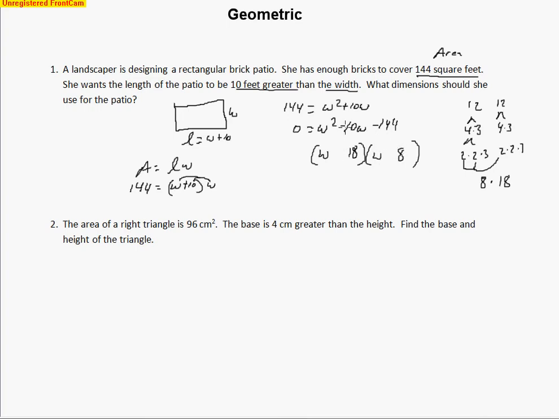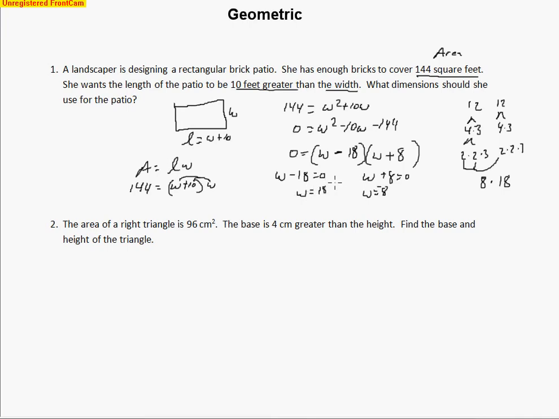To make a negative 10, I'm going to make the 18 negative and the 8 positive, and that's going to work out. W minus 18 equals 0, and W plus 8 equals 0. So W could equal negative 8, or W can equal 18.